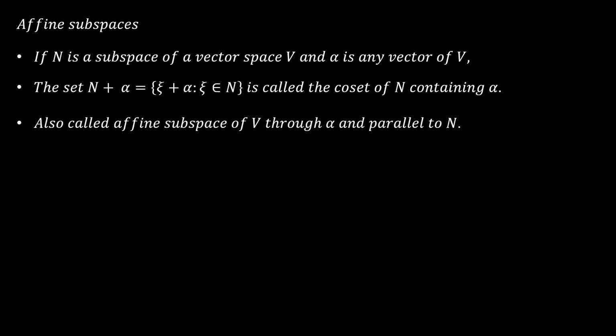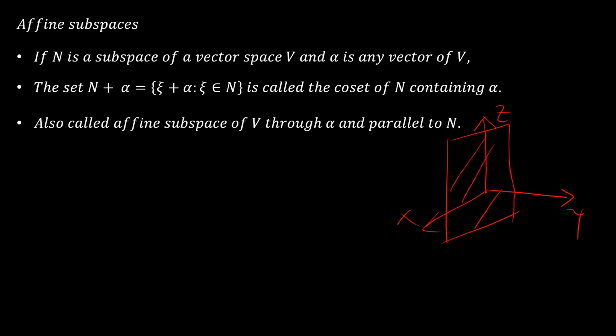It's also called the affine subspace of V through alpha and parallel to N. Just a quick example: if we have the coordinate z, and then maybe this is x and this is y, and we have a plane that is right on the xz plane, and then we just add a vector alpha so that every point is translated by the same magnitude.